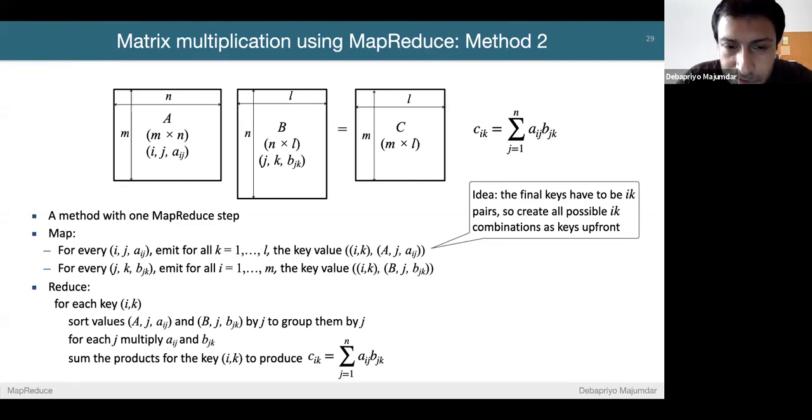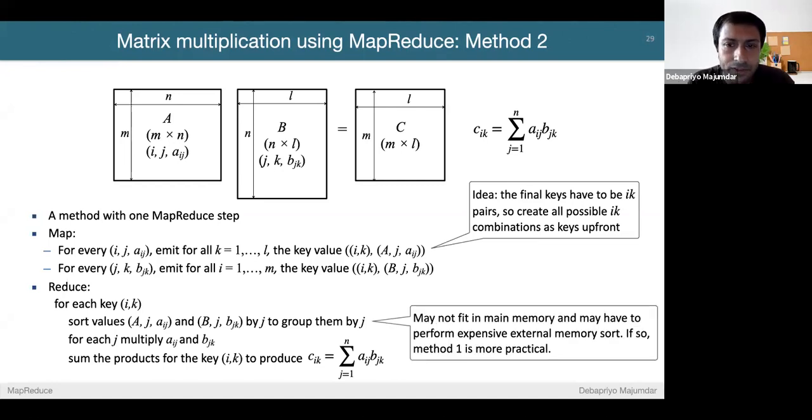Now, do any of you see what could be the problem in case the data is really large? If the data is very large, then so many values A_ij and B_jk may not fit in the main memory of the single node where all the (i,k)s have been sent, and then you may have to resort to expensive external memory sort.